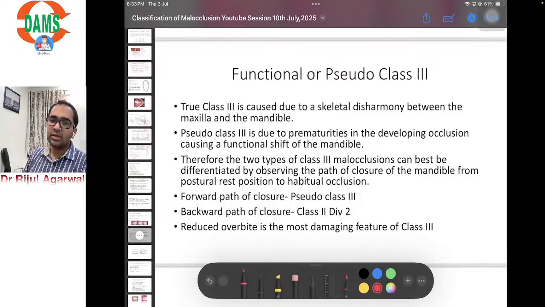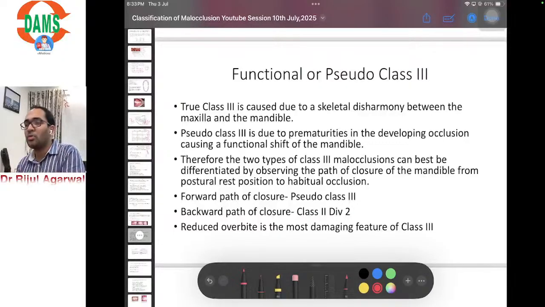Similarly, in pseudo class 3, due to dental prematurities, the patient tends to bring the lower jaw forward so as to achieve maximum intercuspation. So what happens when he brings his lower jaw forward? The molar relationship tends to become class 3, whereas skeletally it is class 1. So it is pseudo or functional.